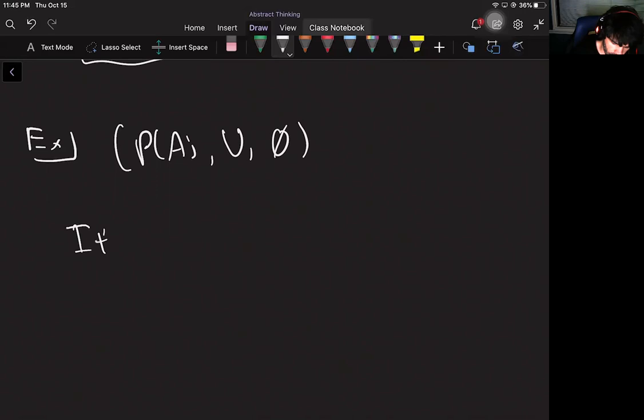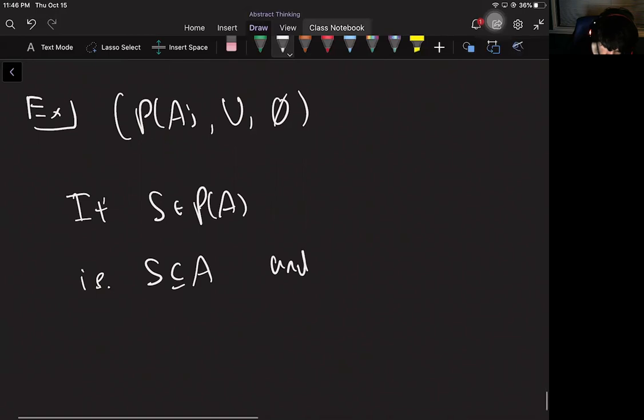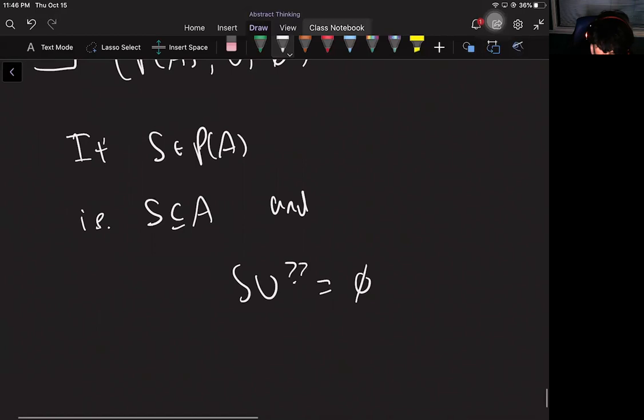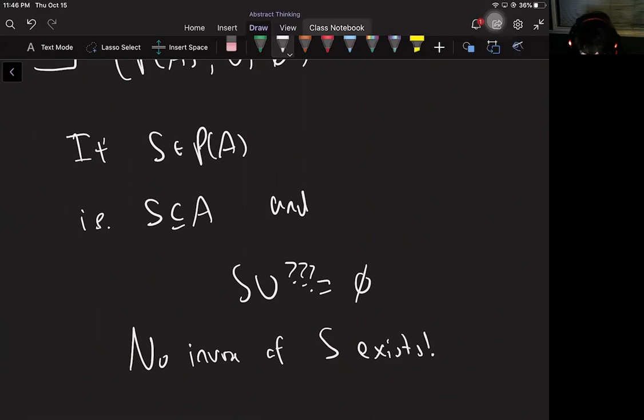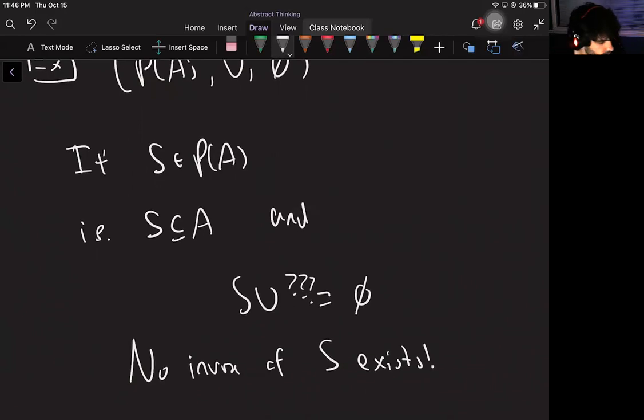If I have an element of the power set, a subset S of A, and I want to union something with it to get me the empty set, there's nothing I can do. So in fact, you don't have to have inverses in the first place when you do this kind of stuff. There's no way to union something with S to go back to the empty set.